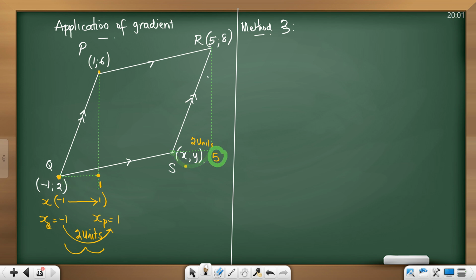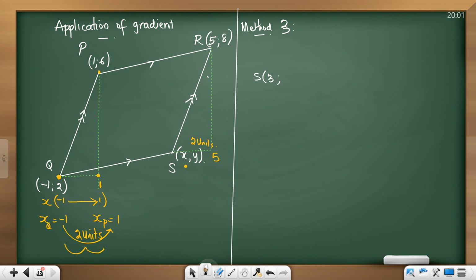I'm not getting any response from anybody. It means we are lost. Please talk to me. Who is lost with my 3? It is 2 units before. Here I am not even calculating anything. And I'll do this in 2 ways. So already I'm done. Coordinate of S is 3.